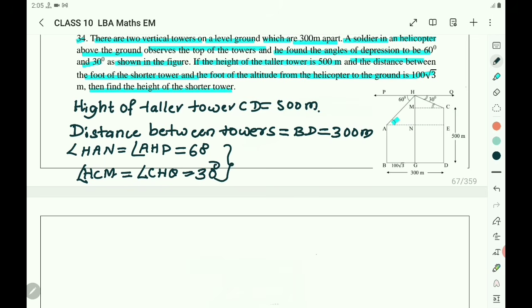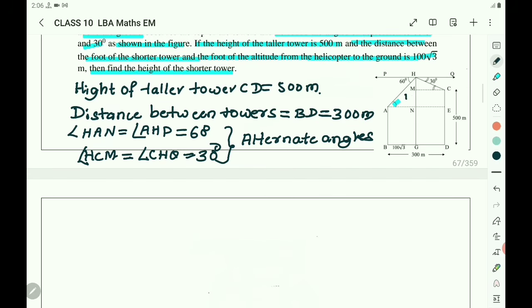What is the reason? Pair of alternate angles. You know that alternate angles are equal.